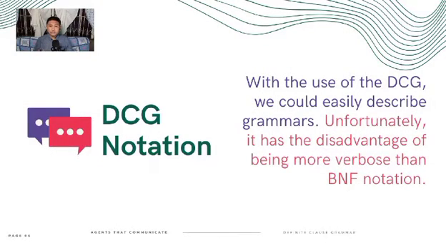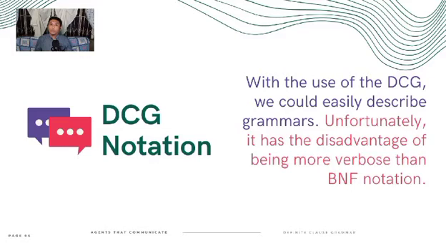With the use of DCG, we could easily describe grammars. Unfortunately, it has the disadvantage of being more verbose than the BNF notation. Verbose means it uses more words than the BNF.